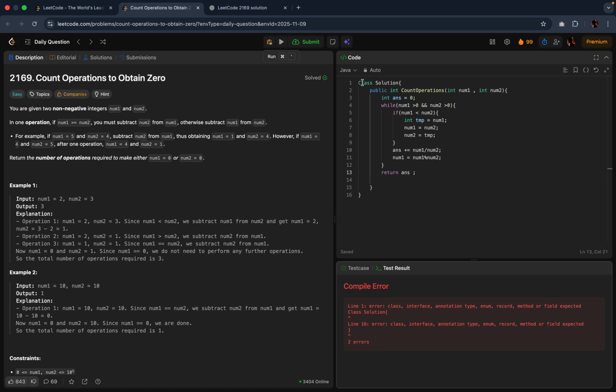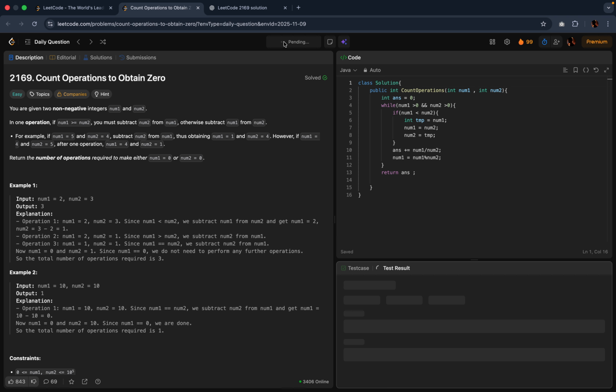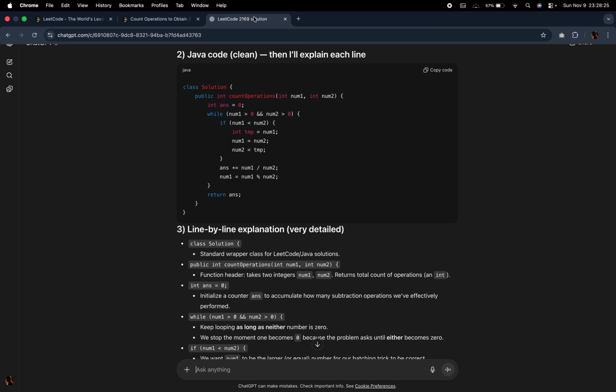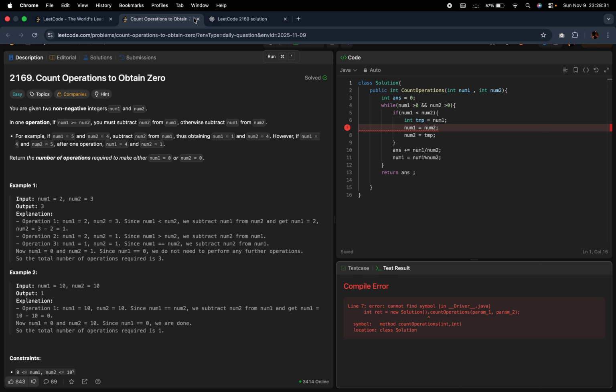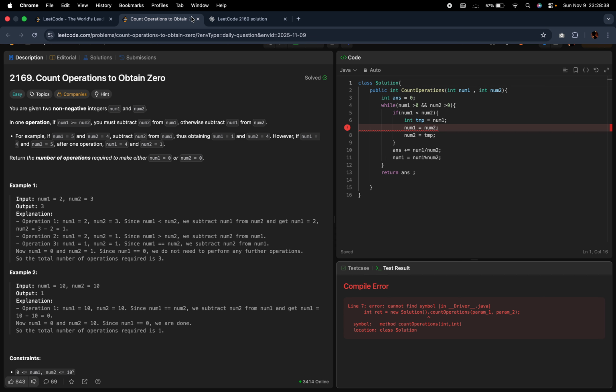Let's see. int temp equals num1, num1 equals num2, num2 equals temp. So we have got an error.